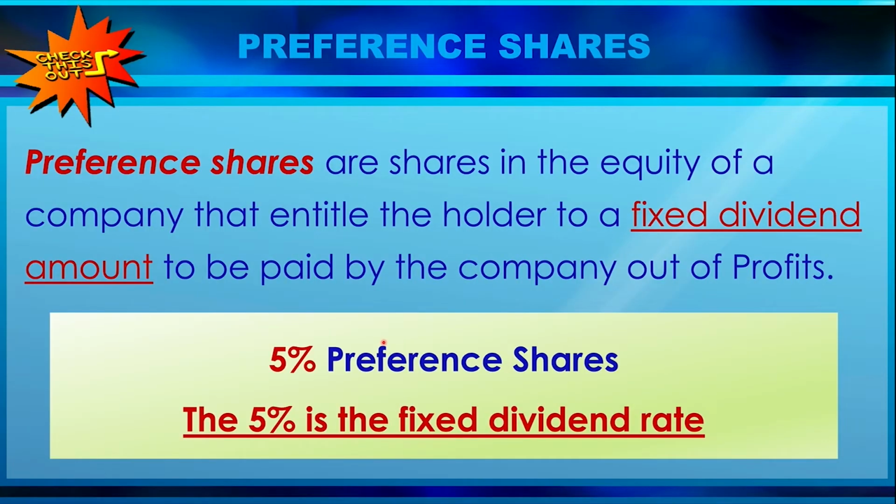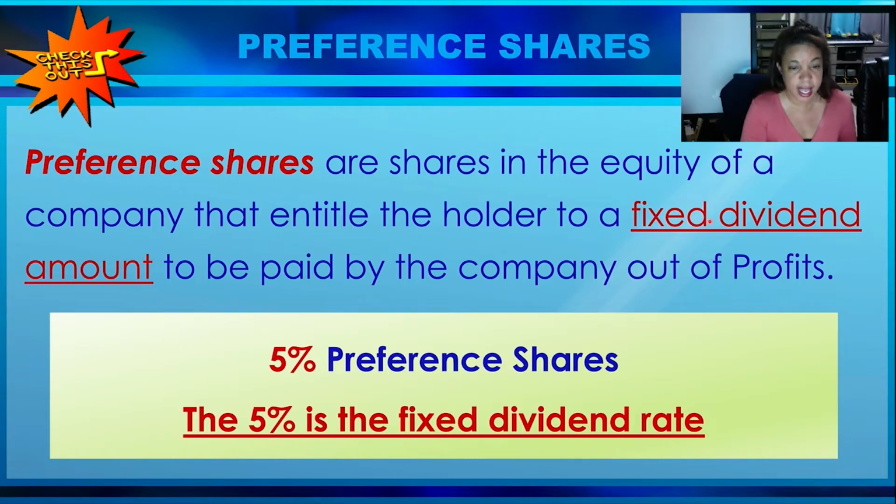Preference shares, yes, they have a preference, meaning that they receive their dividends before the ordinary shareholders. However, the dividend that they receive, we will see it emphasized as we do the accounting, is a fixed dividend.